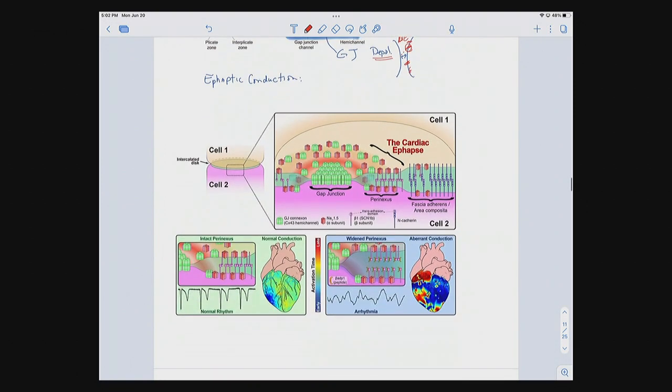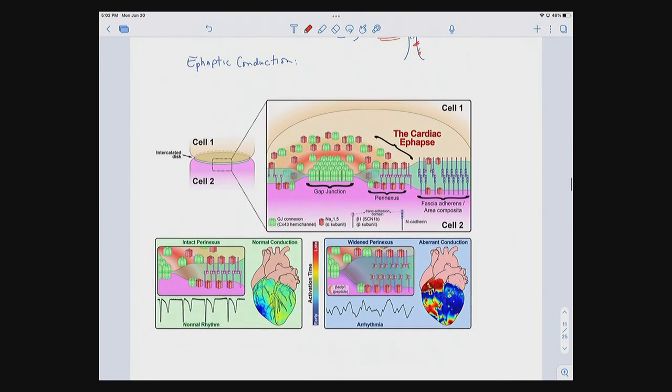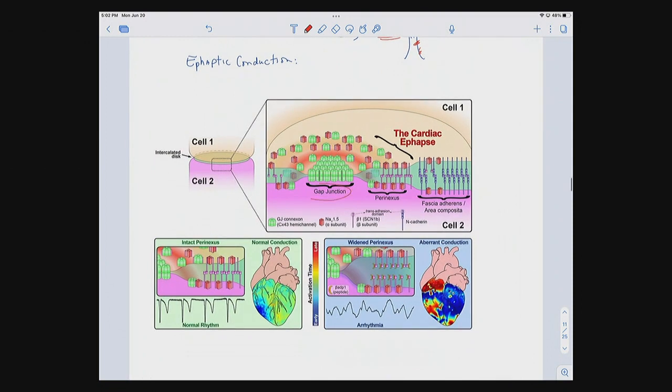So here is a prettier cartoon that really presents kind of as a puzzle. What we have here is our traditional gap junction, and these are going to be my connexins. And of course, they're going to open and sodium and calcium will be flowing through. So that certainly is one way of communicating a charge between two cells. Then right next to it, in the perinexus area, what they've discovered is that you actually have voltage-sensitive sodium channels.